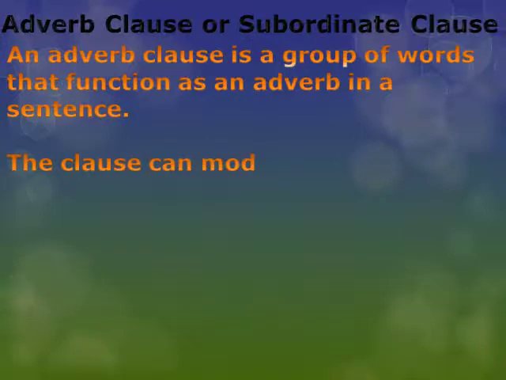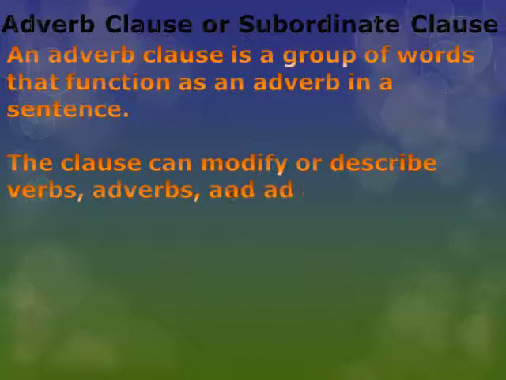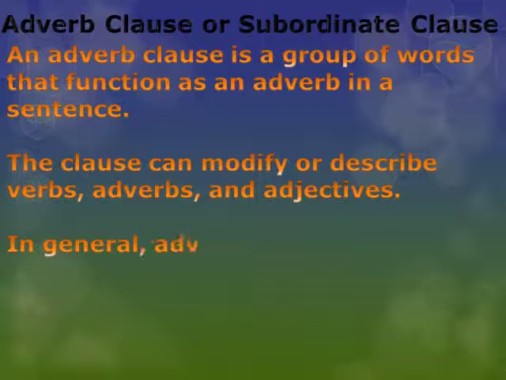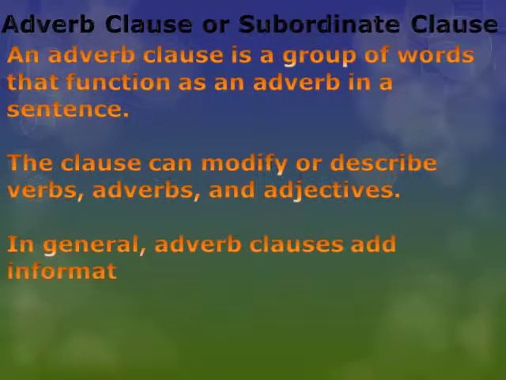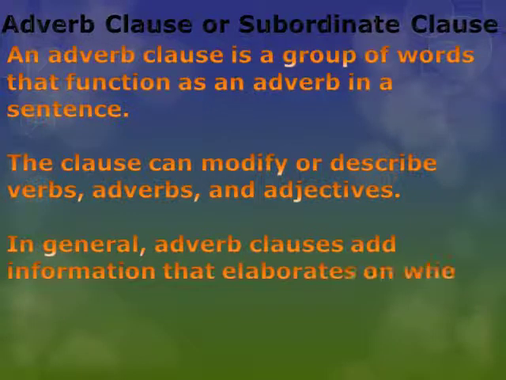We all know what adverbs are. Adverbs are those words which give extra meaning to a verb, adjective or another adverb. The clause can modify or describe verbs, adverbs and adjectives because it is an adverb clause. So it will act like an adverb.